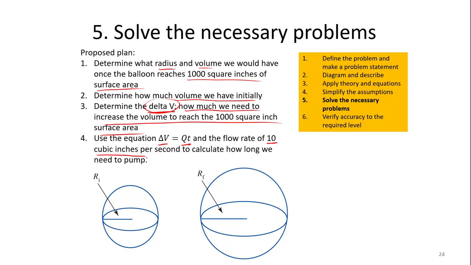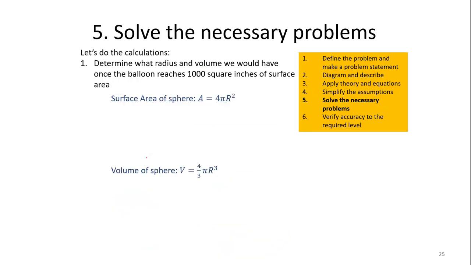So first, we need to determine what radius and volume we would have when the balloon has 1,000 square inches of surface area. So notice, in this case, we know the surface area value. We know 4 pi, we can solve for r. All right, so we plug in our surface area of 1,000 square inches, and we can solve for radius r.